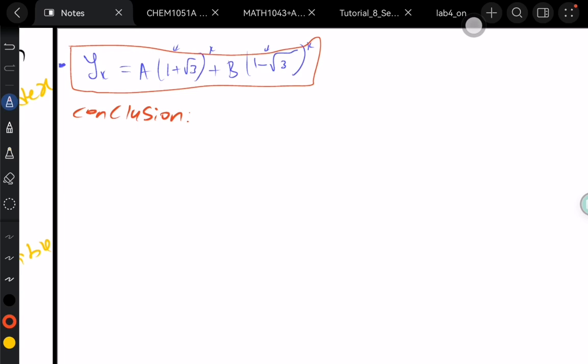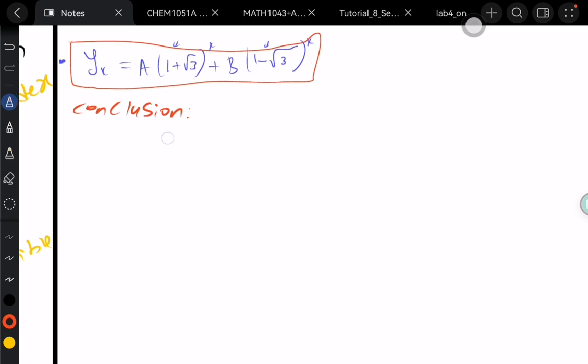To solve for these, I will have to make an assumption that where the value of k is equal to 0, my function is equal to 1.